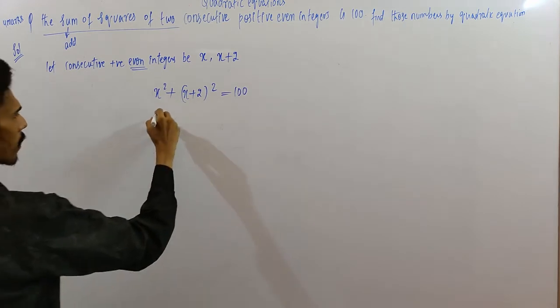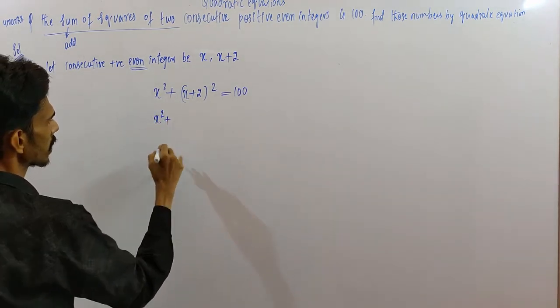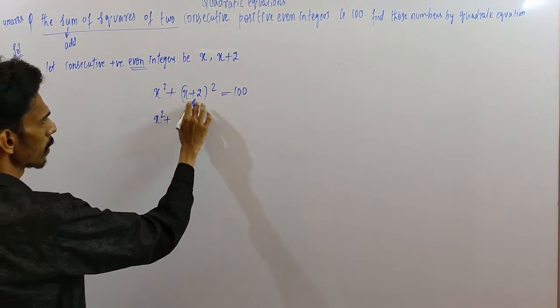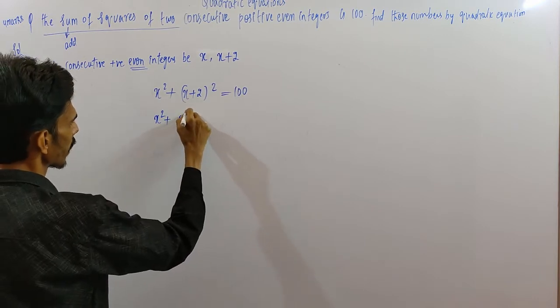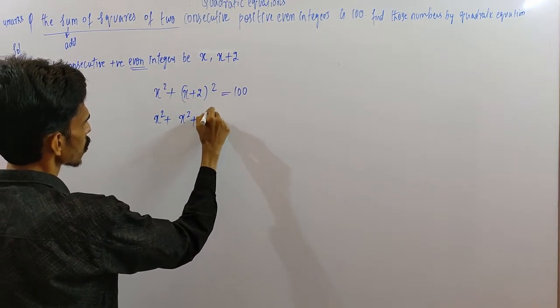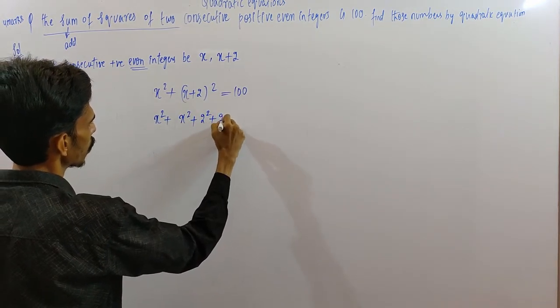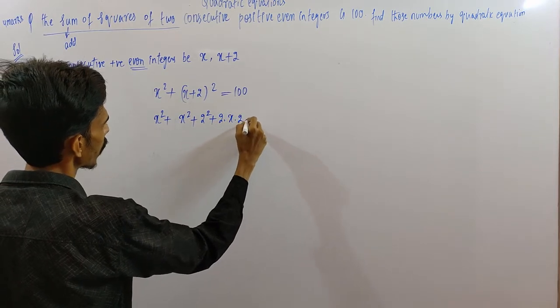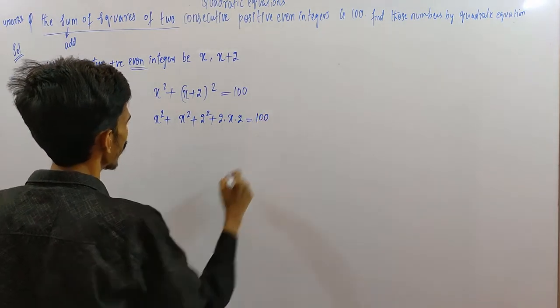Now expand it, x square as it is. Now this is in the form of a plus b whole square. So expand x square plus 2 square plus 2ab, that is 2x into 2, equals 100.